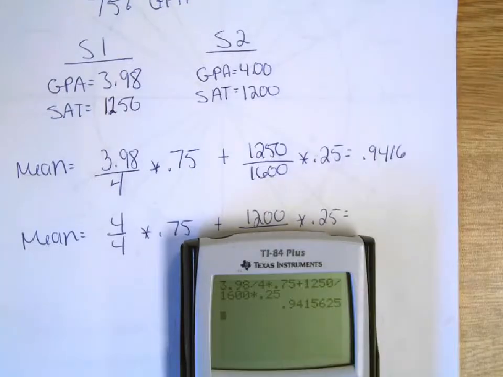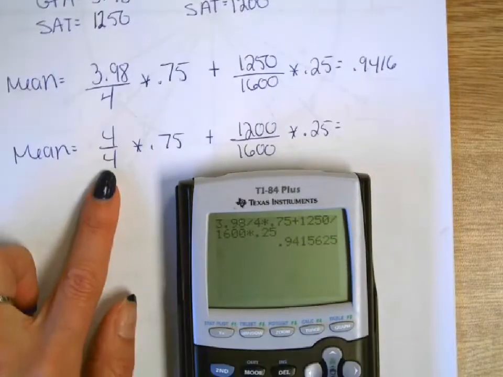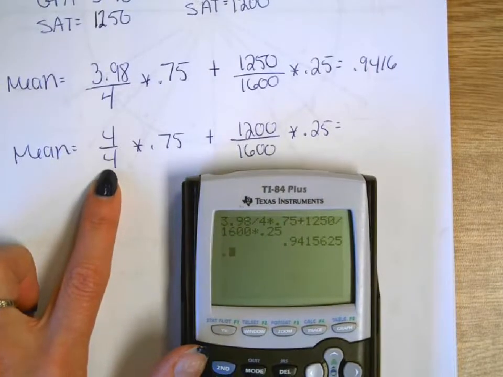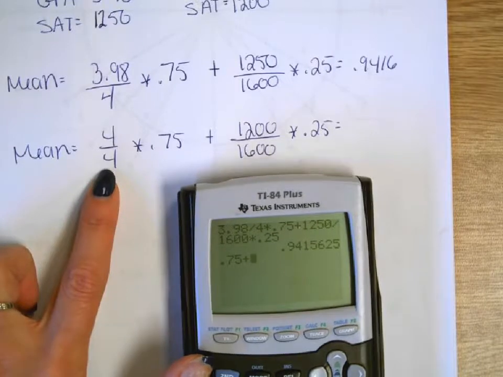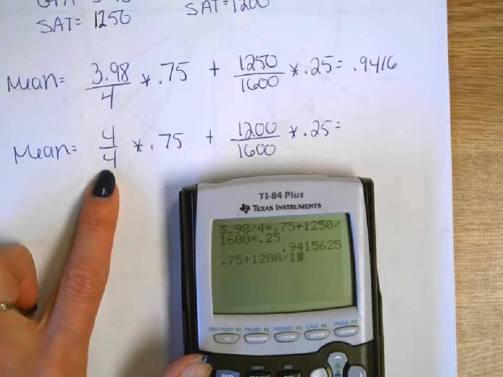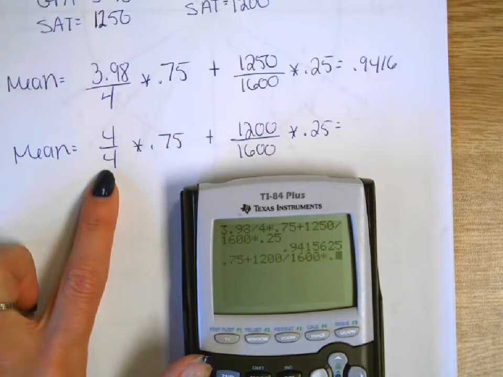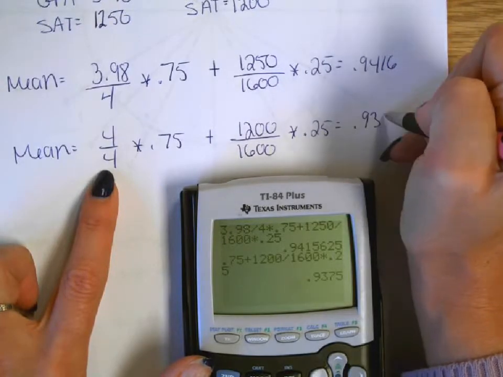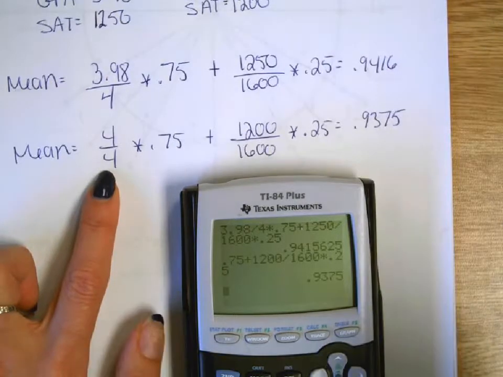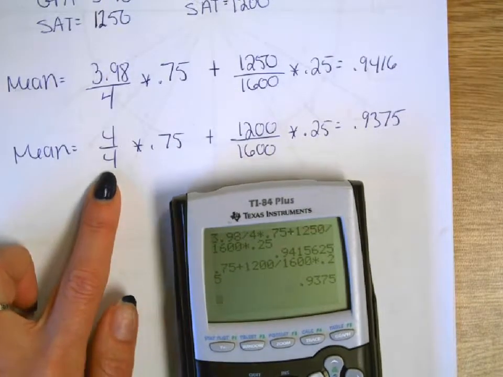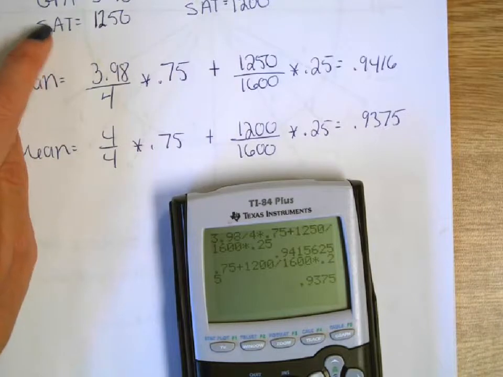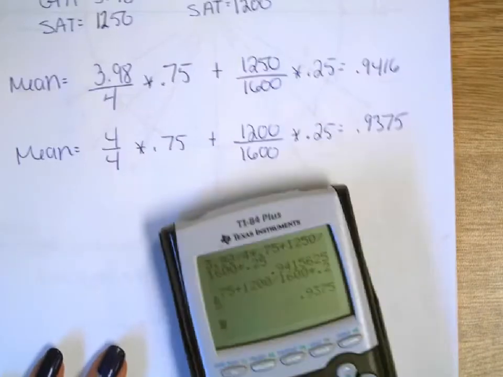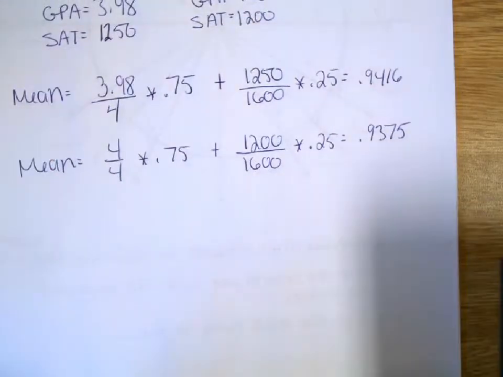Next person, 4 divided by 4 is 1 times 0.75 is 0.75 plus 1200 divided by 1600 times 0.25. 0.9375. So the person with the higher SAT, lower GPA, is ranking above the 4.0 student by just scoring 50 points higher on that SAT.